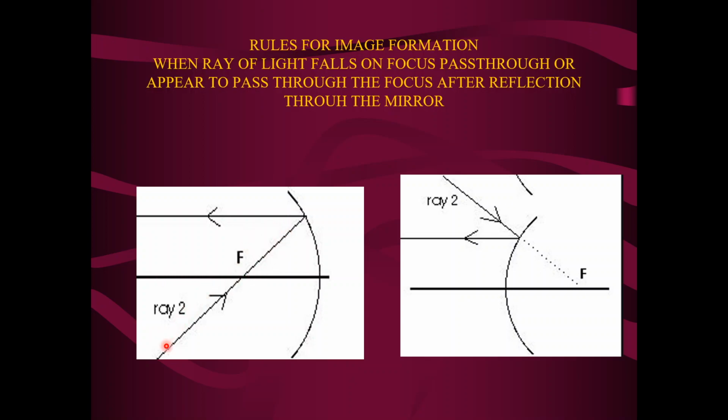So these rays are passing through the focus. After reflection from the concave mirror, it becomes parallel to the principal axis. This is a convex mirror. The rays falling on the convex mirror appear to be passing through the focus. After reflection, it becomes parallel to the principal axis.